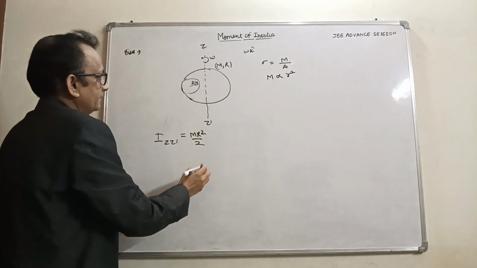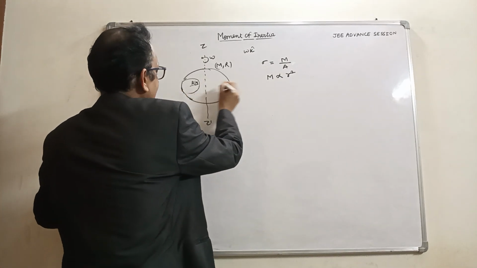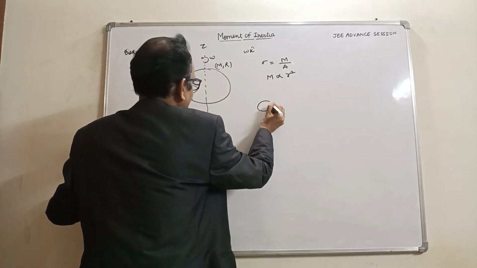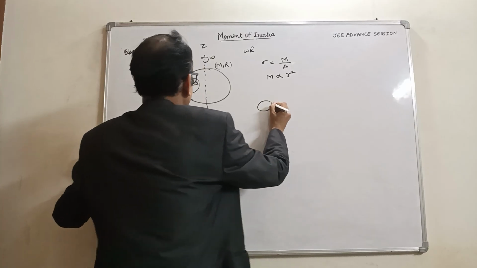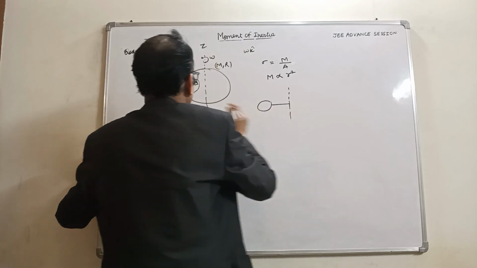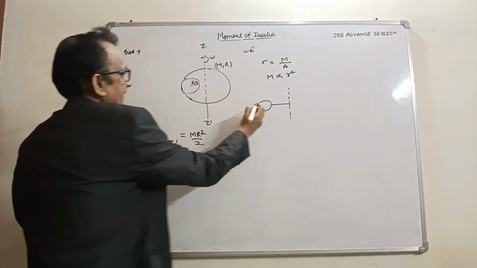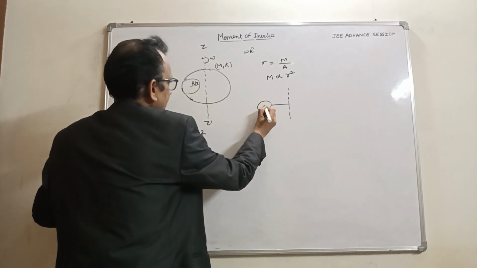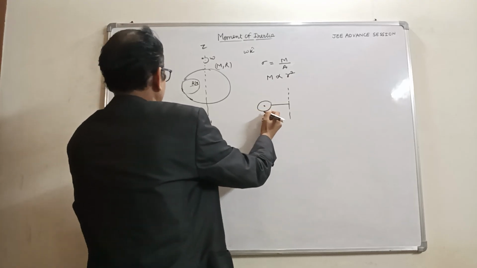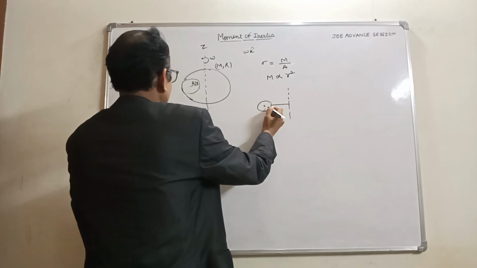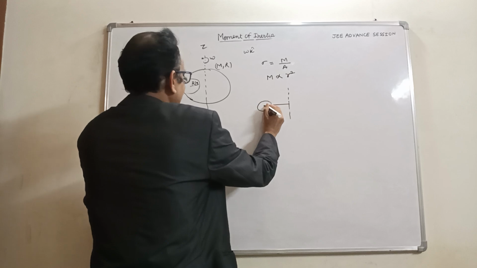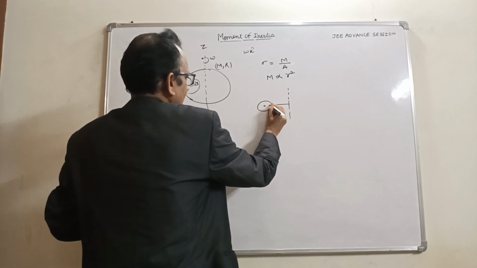So this is the cavity, we find the moment of inertia of the cavity. This total distance is r from here to here, and this distance is r by 3 from here to here.